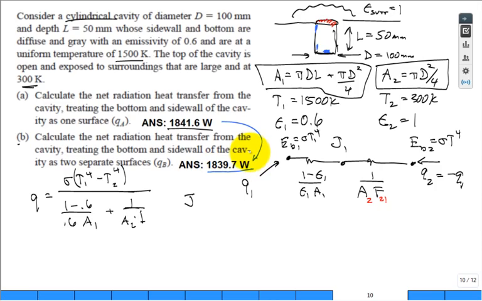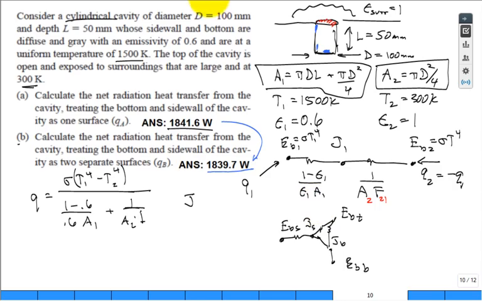When you treat the sidewall separate from the bottom. Okay, so let's draw our network. So we're going to put the EB of the sidewall, EB of the bottom, EB of the top, and now I have a J of the side, a J of the bottom, and then we just have these resistors like this.